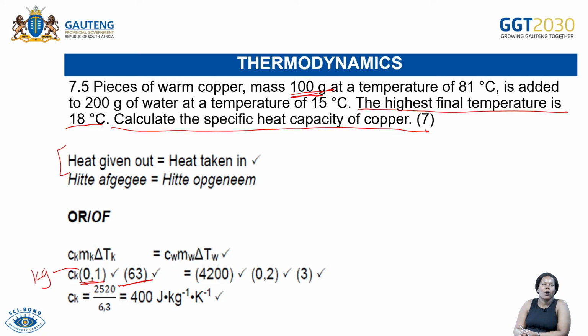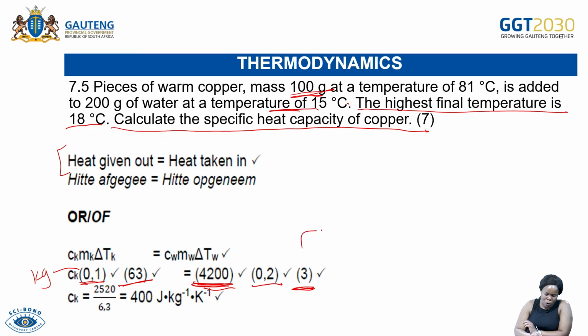Because in the first statement they say the piece of warm copper of mass 100 gram at a temperature of 81 is added to 200 gram of water at a temperature of 15 degrees. So over here we have the specific heat capacity of water. 0.2 is the conversion of 200 gram to kilograms, and then we had to do the difference in temperature, which gives us 3.